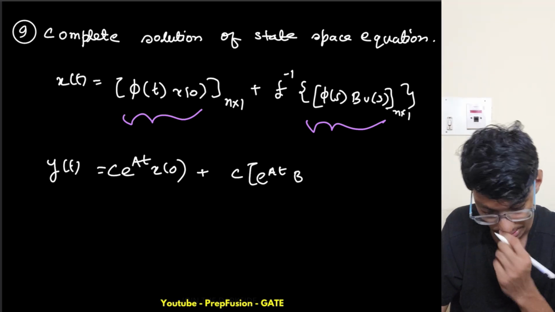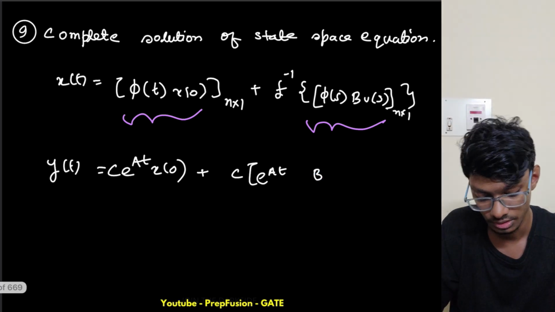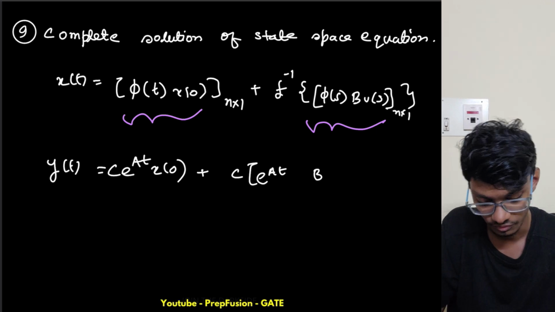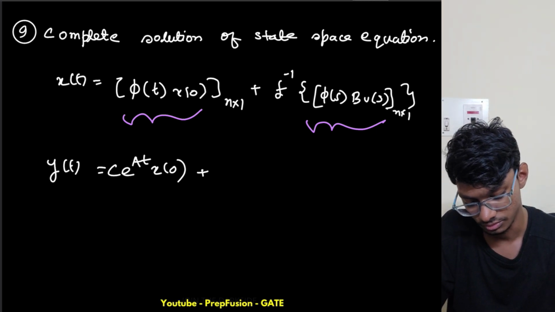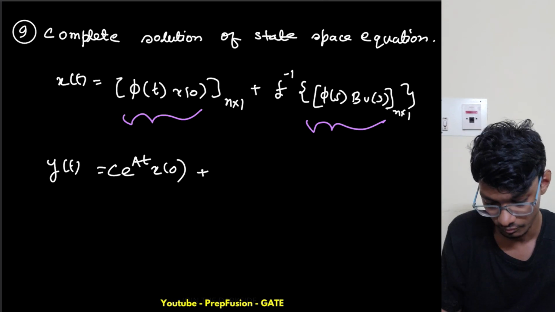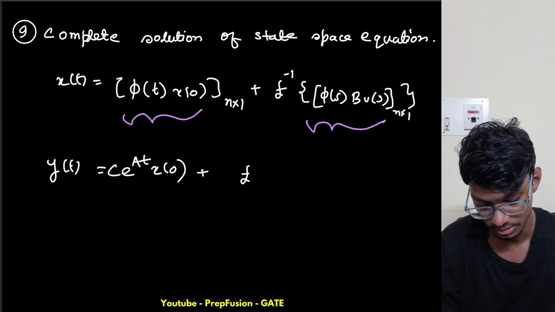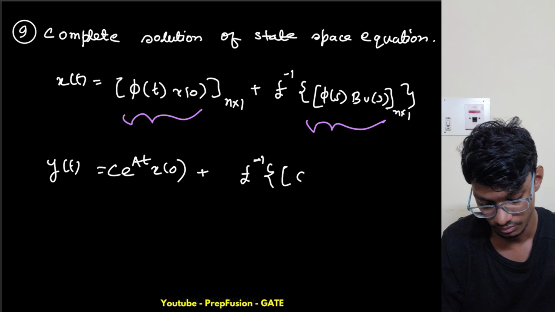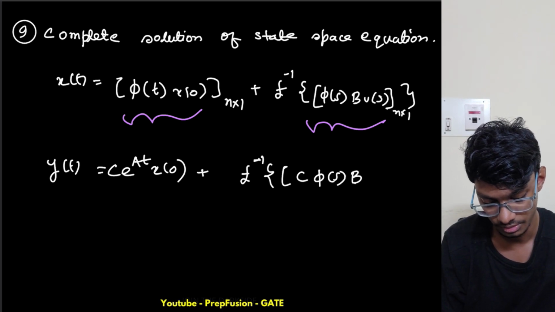Now there is one issue. This is not a simple product, this is a convolution. So what I can write here, without the convolution, is the Laplace inverse of C into phi of s into B into u of s.